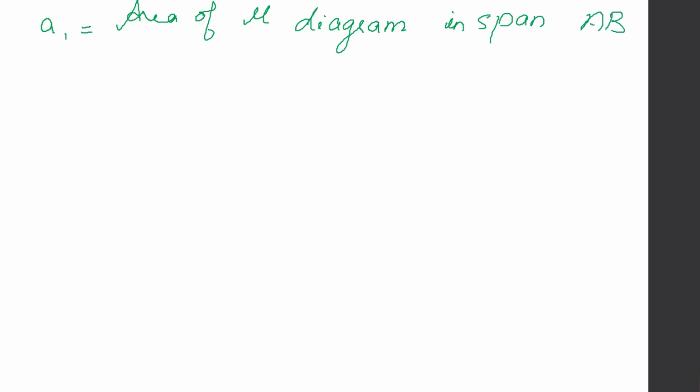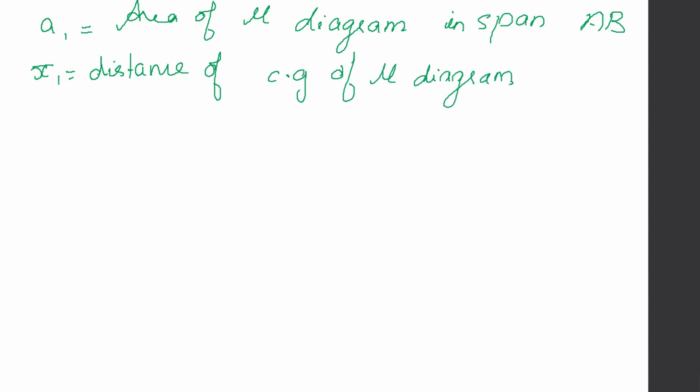So here A1 is equal to the area of mu diagram in the span AB, and x1 bar is equal to the distance of center of gravity of mu diagram for the span AB. I repeat, mu diagram is nothing but the bending moment diagram due to simple supports.